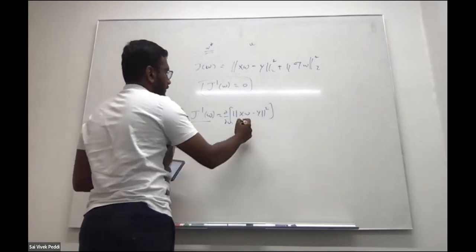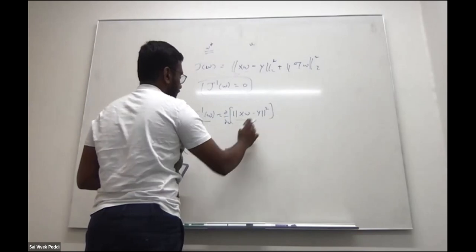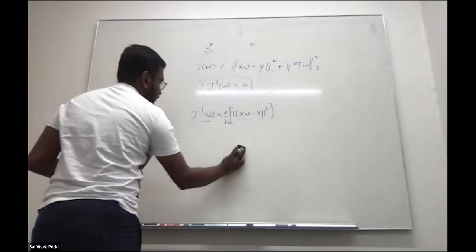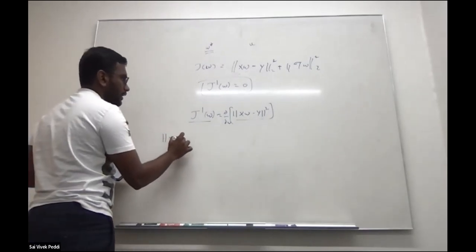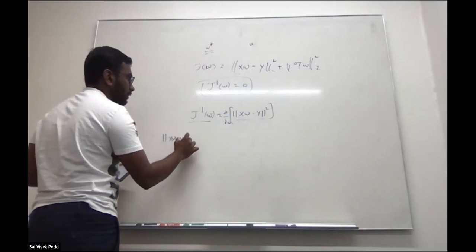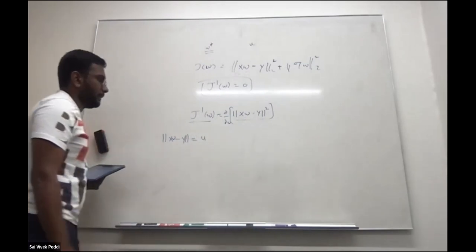Now, instead of computing the derivative of this directly, we can use the chain rule. Let's assume that xw minus y is equal to u.